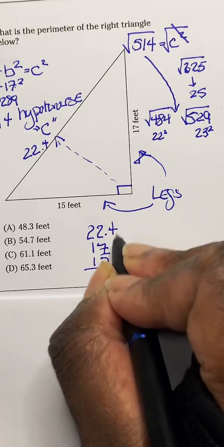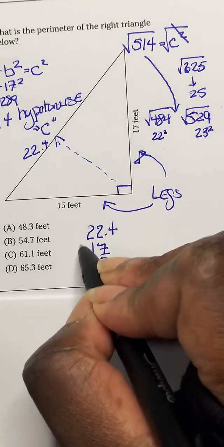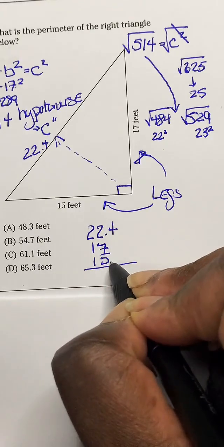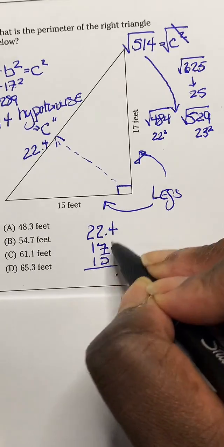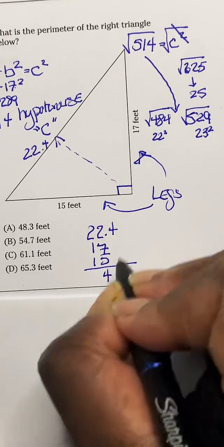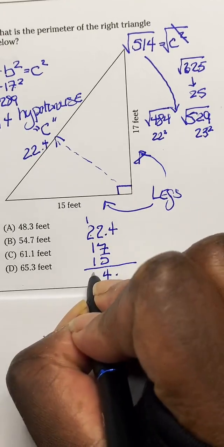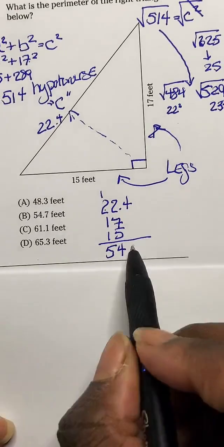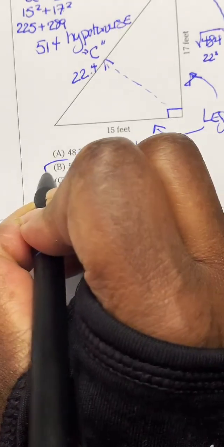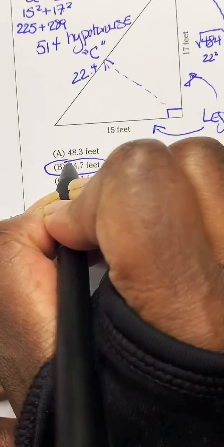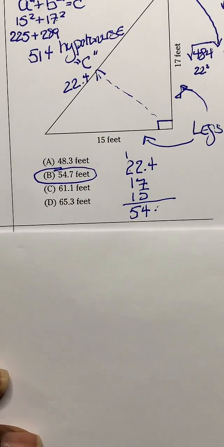We all know this decimal place is just random, but let's see what we can get. 5 and 2 is 7, 7, 7 is 14, carry the 1. 2 and 3, 4, 5. So we got our 54, and the only one that has a 54 is going to be B. That's how I would tackle it if I didn't have a calculator.